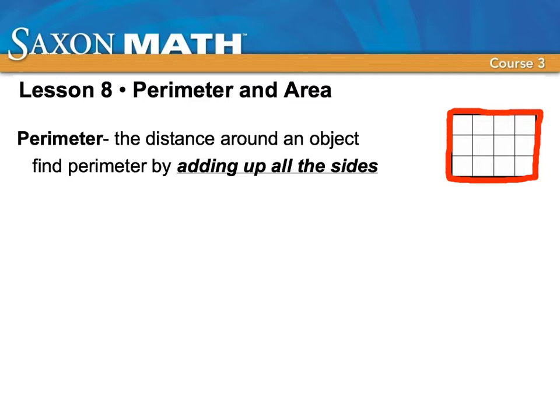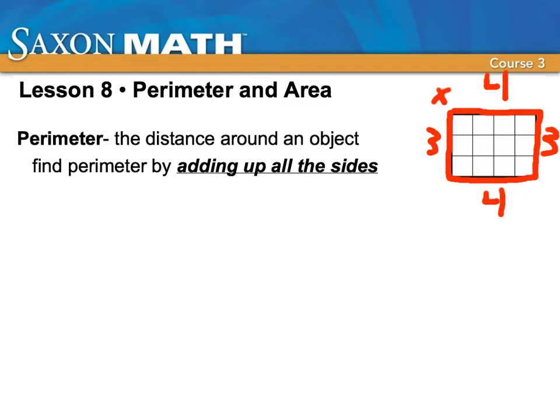Well, if I started in this corner and walked, I'd have to walk 1, 2, 3, 4 squares that way, and then 1, 2, 3 squares down, and then 1, 2, 3, 4 squares across again, and then 3 squares up. So that's all the sides of the rectangle. I've got a 4 by 3 rectangle.